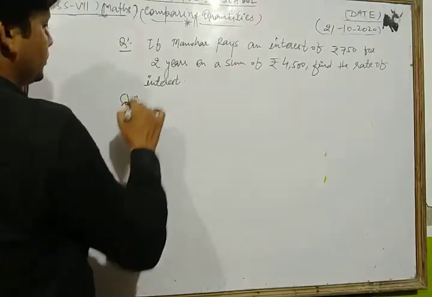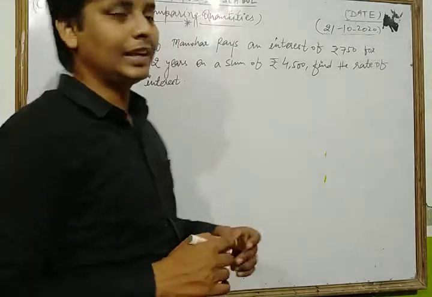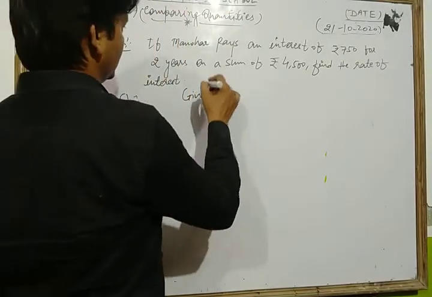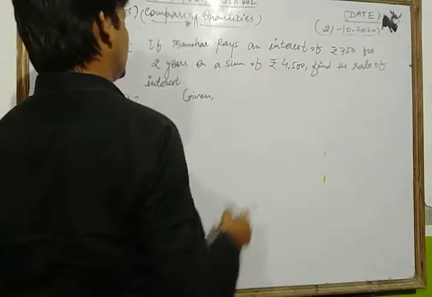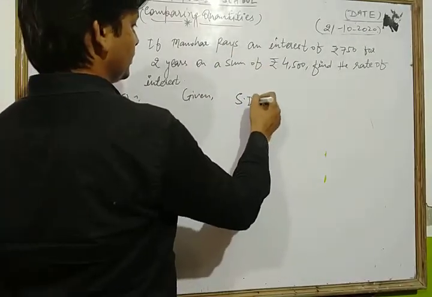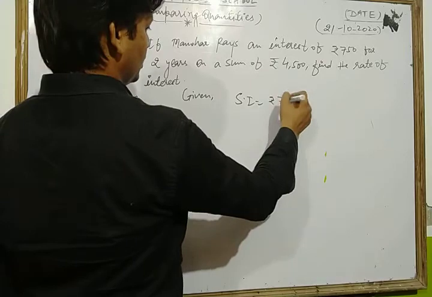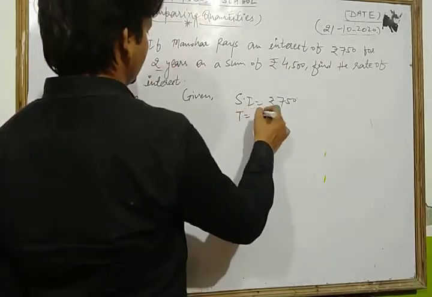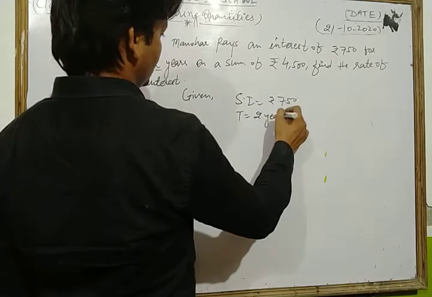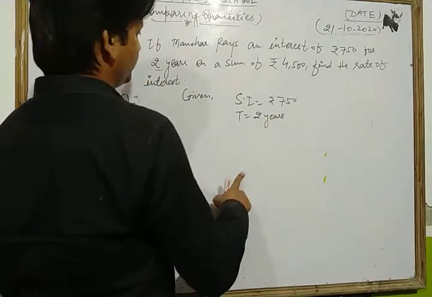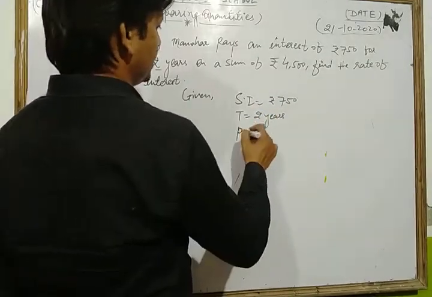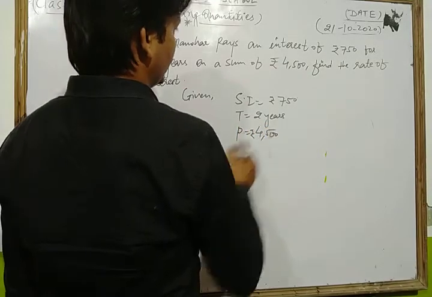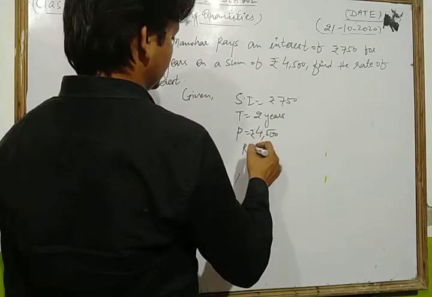Dear friends, in that question, first of all we write what is given. Manohar pays an interest of rupees 750, means simple interest is 750, for 2 years, so time is 2 years, and the sum of rupees 4,500, means principal is 4,500. We have to find the rate of interest.